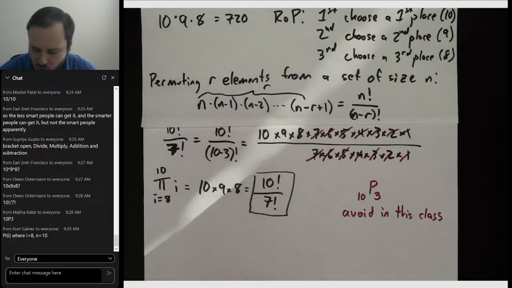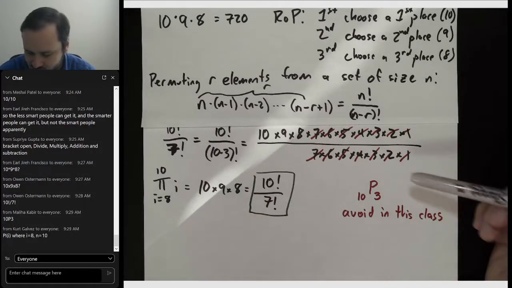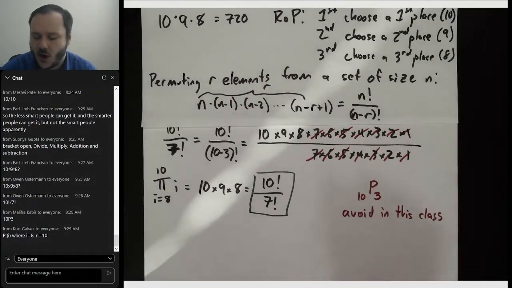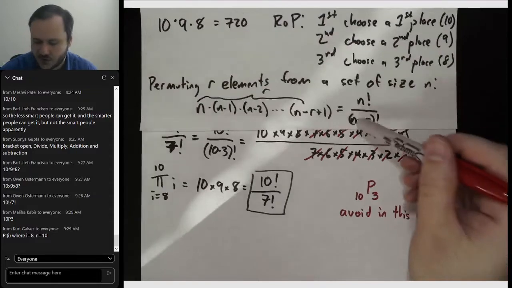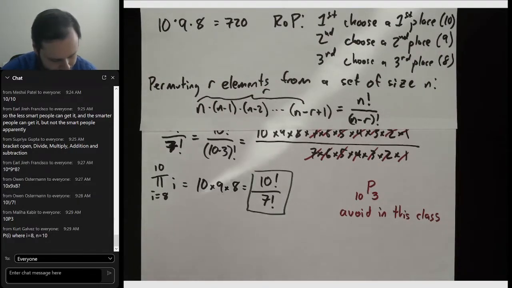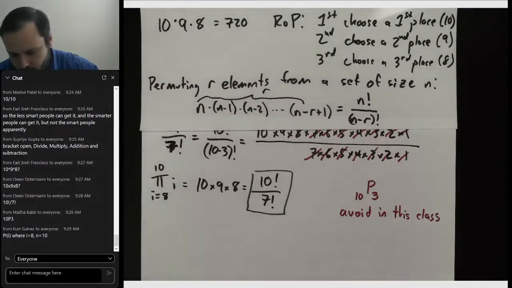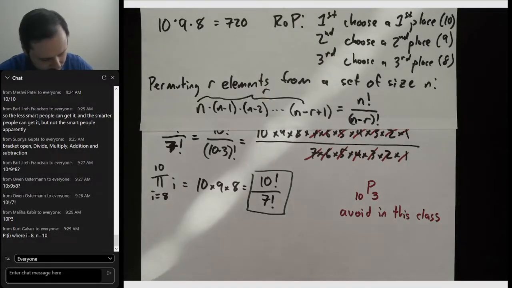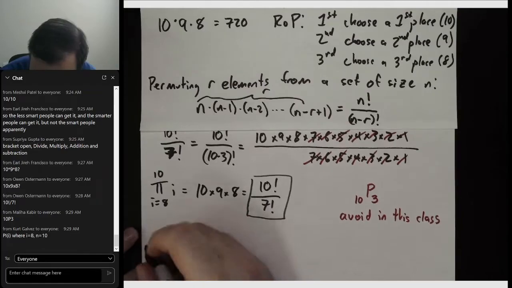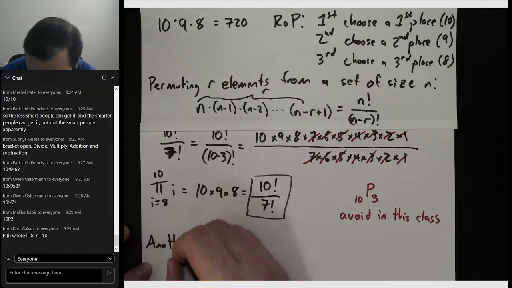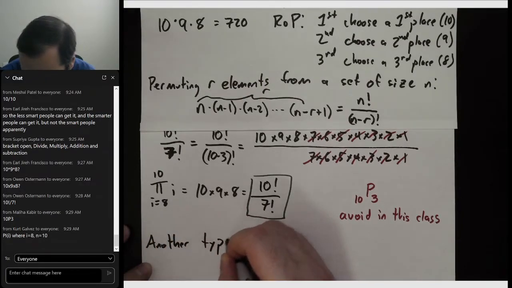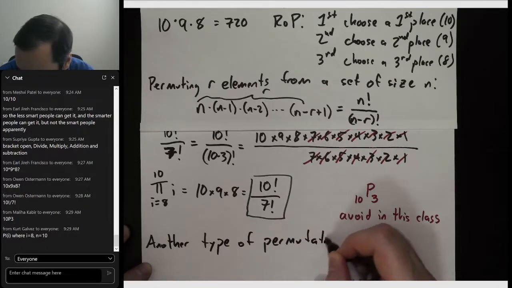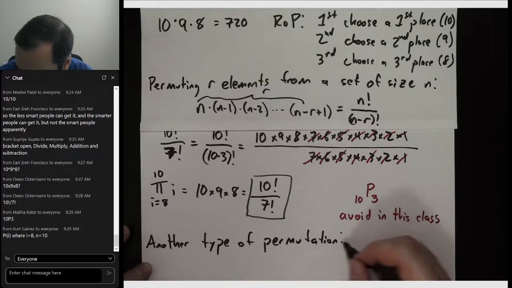So if we want to choose our elements from a set of size n, we've got this permutation of r elements, n factorial over n minus r factorial. Another type of permutation I want to mention is when elements are not unique.